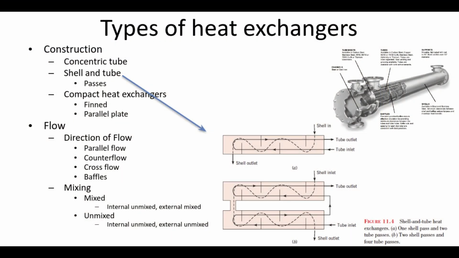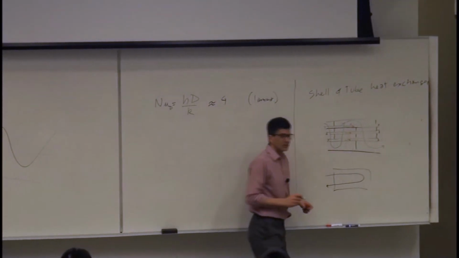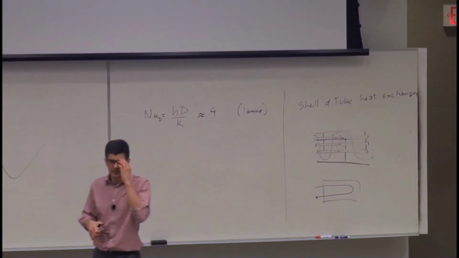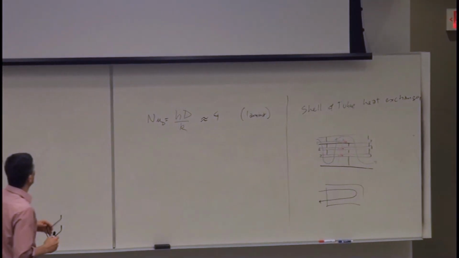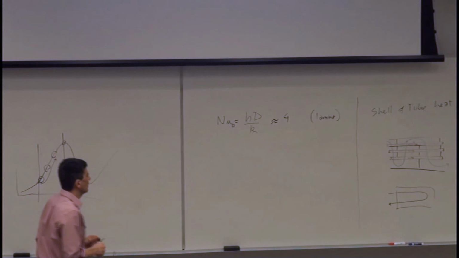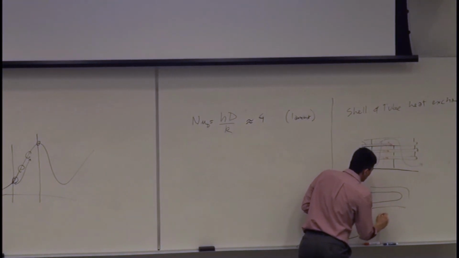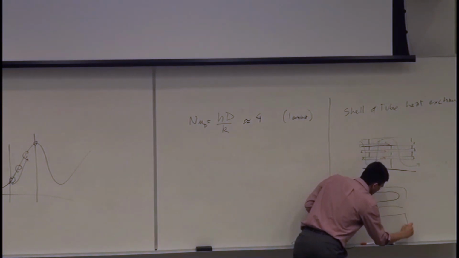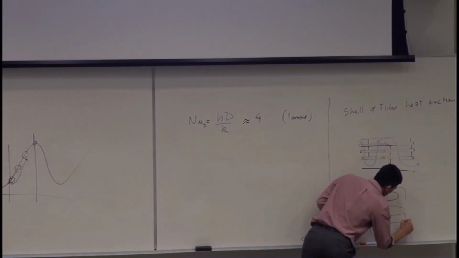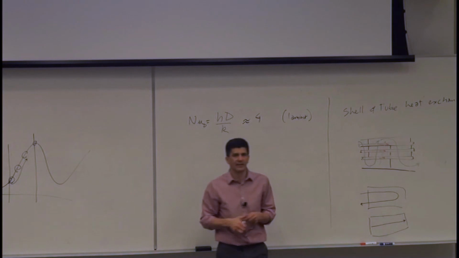When you have a shell and tube type of heat exchanger, there are different configurations. You can have, this is called one shell and 2 passes, right? It goes and bends around the flow in the tube. What do you think, why would you make a heat exchanger in which you have these 2 passes as opposed to a heat exchanger in which you have just one pass like that?